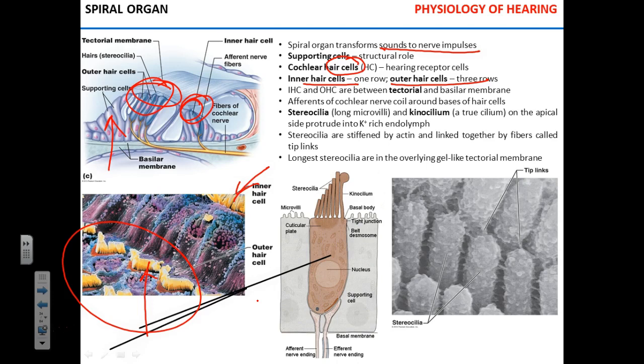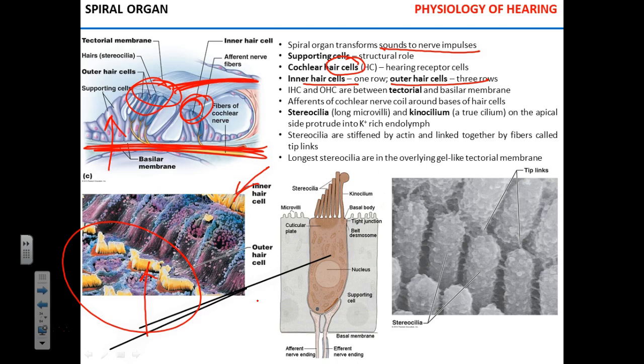Now, if you would look at these hair cells, look at the model once again, you can see that the hair cells are between 2 membranes, the basilar membrane and the tectorial membrane. Okay? Look at the image again. That's the basilar membrane, and that's tectorial membrane. Hair cells are kind of stuck in between those two. Does that make sense? Only one of those membranes actually can move.